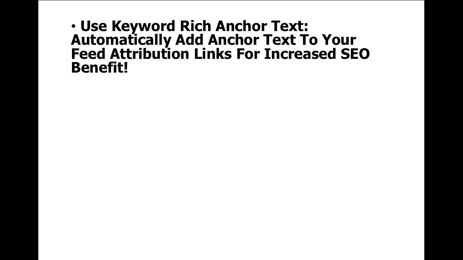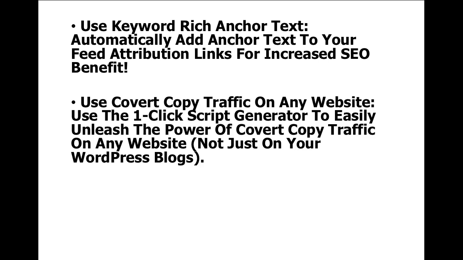You can use the keyword-rich anchor text to automatically add them to your attribution links in your feeds, so you get increased SEO benefits when people scrape and auto blog your content. And finally, and perhaps the most powerful feature, with the one-click script generator, you can use the Covert Copy Traffic plugin on any website, not just on your WordPress blogs.